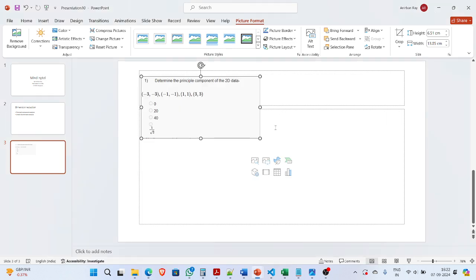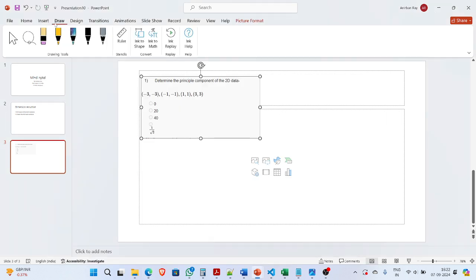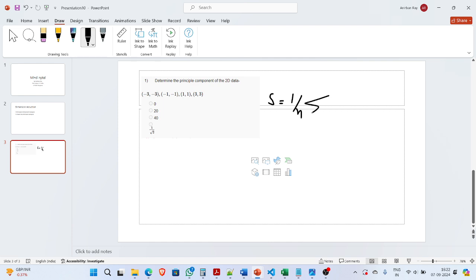The sample covariance S, which is the unbiased estimator here, is the summation from i equals 1 to n of (xi minus mu) times (xi minus mu) transpose. This is our sample covariance matrix.